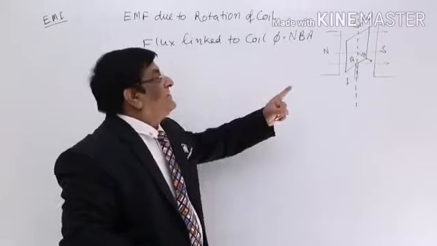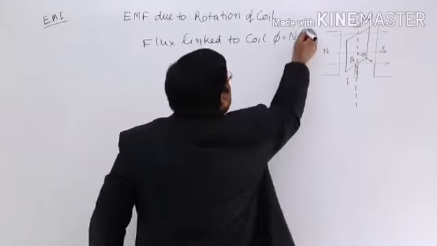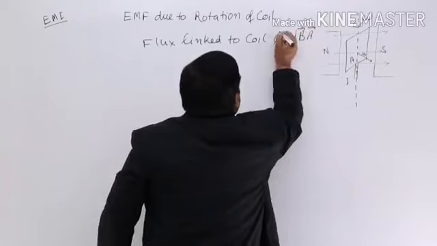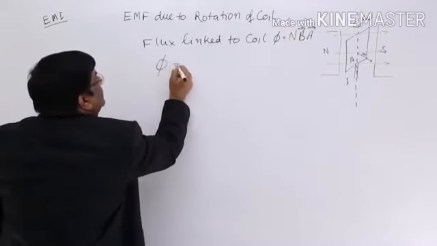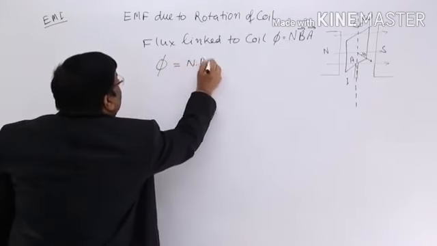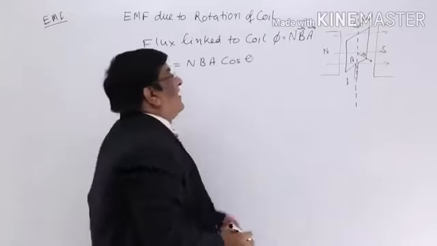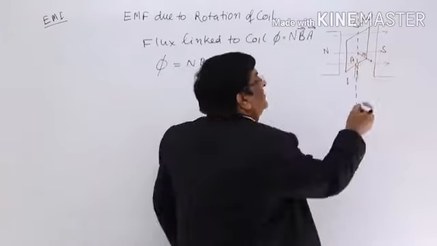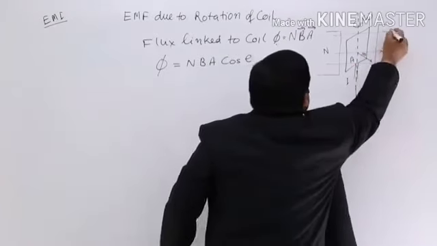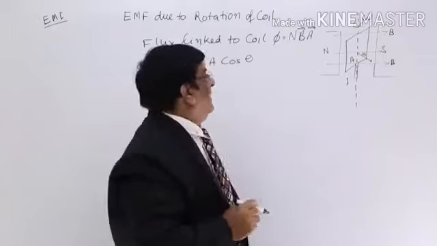But because this is not at right angle, we would like to write the complete magnitude, that phi is equal to NBA cos theta. Theta is the angle between the area vector and magnetic field B. This is the direction of the magnetic field, and it is a straight, uniform magnetic field.